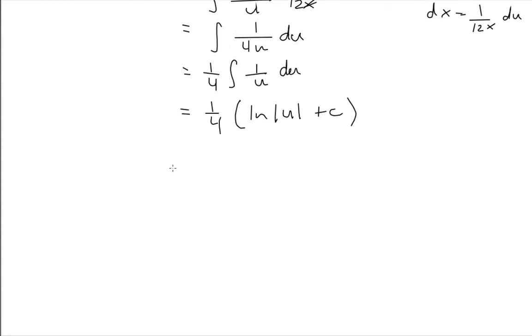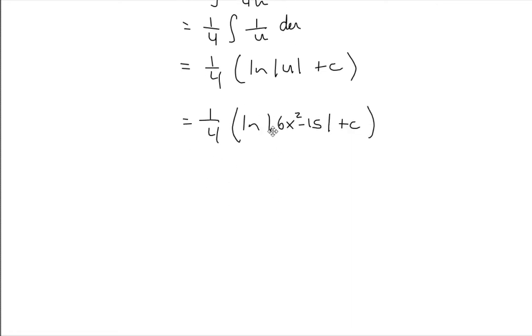And so I've got 1/4 natural log of the absolute value of 6x squared minus 15 plus a constant. And now I'll simplify things by multiplying this 1/4 in against everything else. So I get 1/4 ln of the absolute value of 6x squared minus 15 plus 1/4 c.